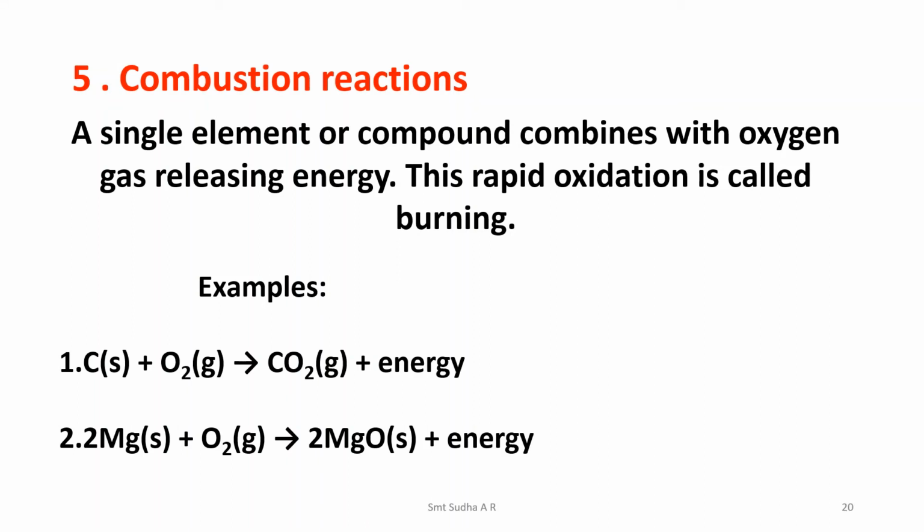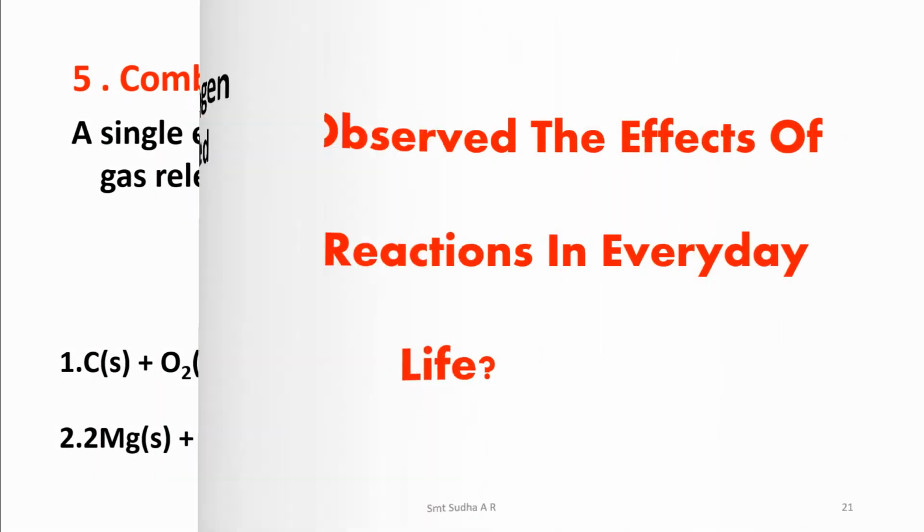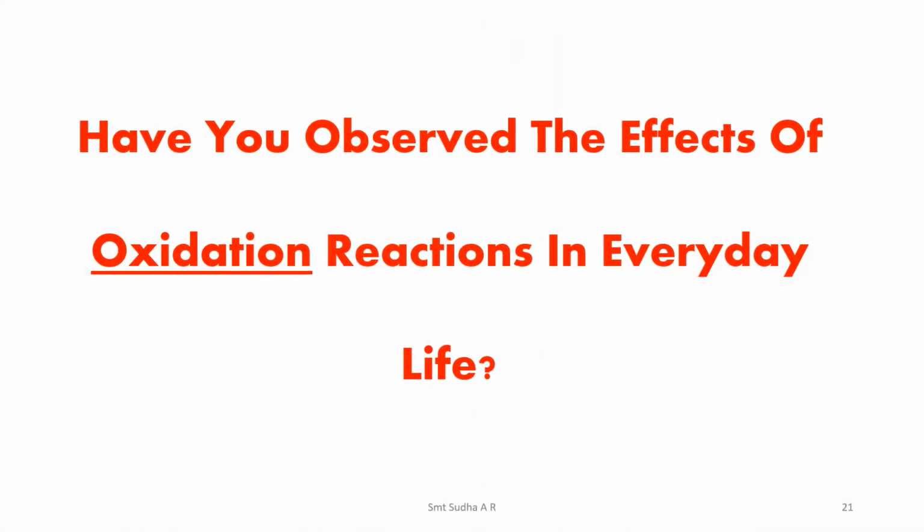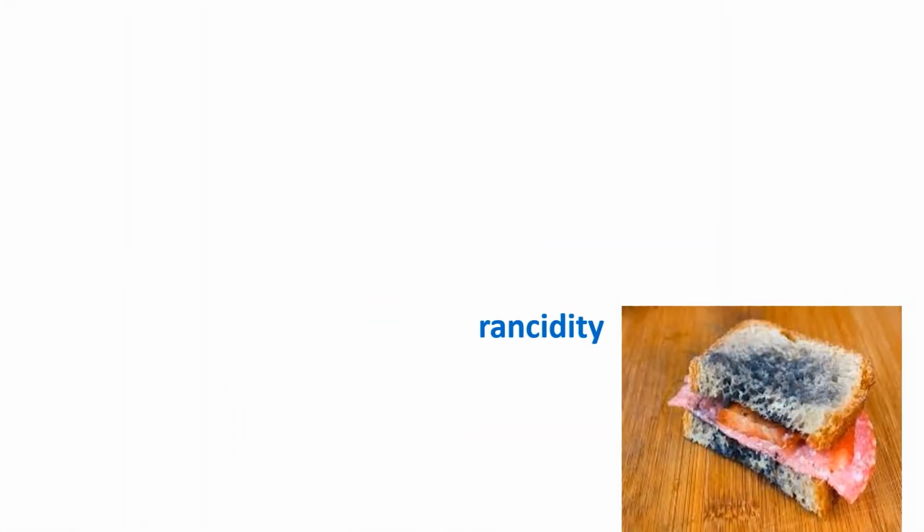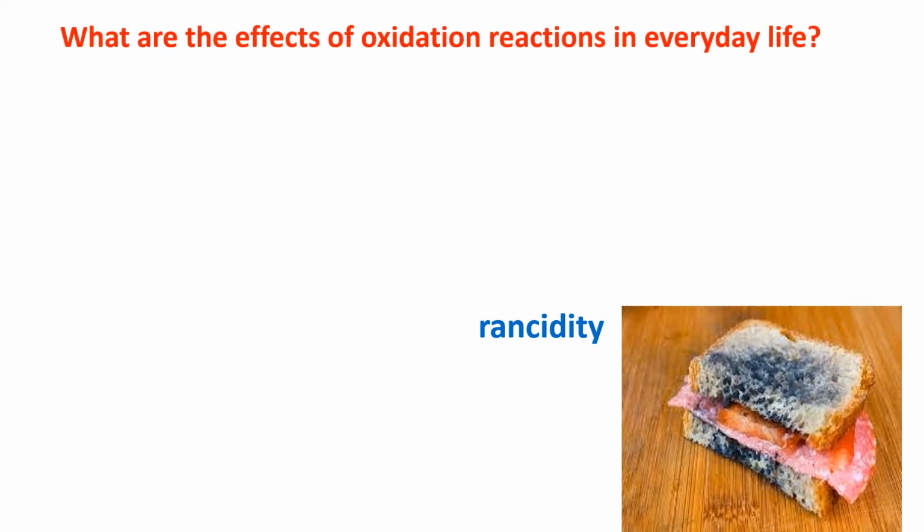Next, after knowing about the word oxidation, you have observed the effect of oxidation reactions in everyday life. Let us see which effects we are observing in our daily life.